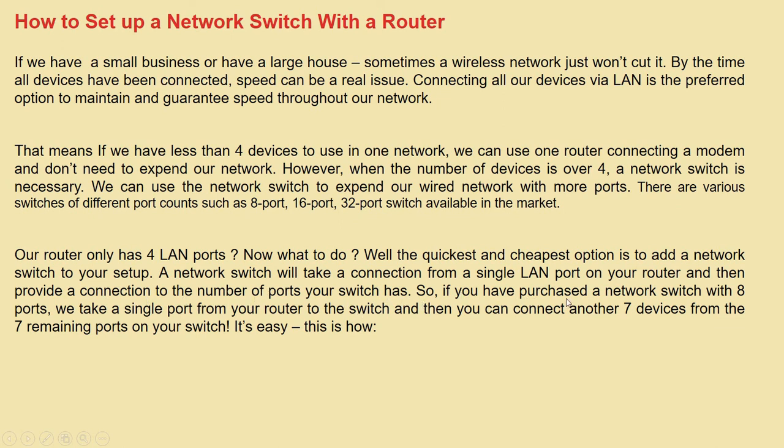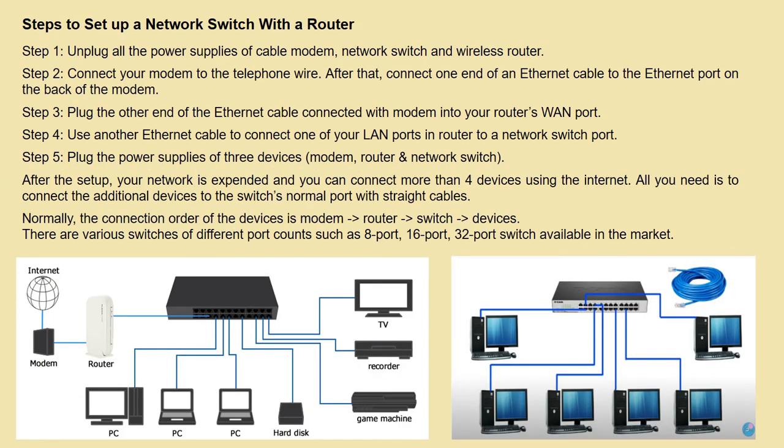So if you have purchased a network switch with 8 ports, we take a single port from your router to the switch, and then we can connect another 7 devices to the remaining 7 ports on your switch. In such a manner you set up your network switch with your router.